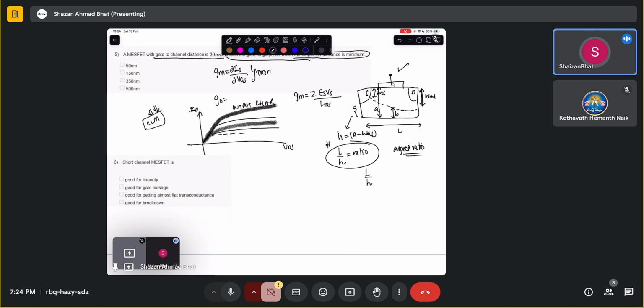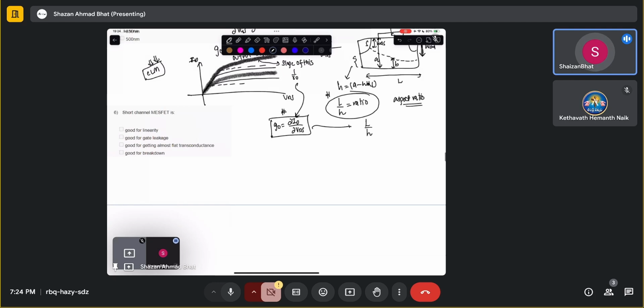And you have something like output resistance, which is given by the slope of this. It's basically 1 over output resistance. And then you can define output conductance as dou ID versus dou VDS. This is the output conductance. And it depends upon this L over H ratio.